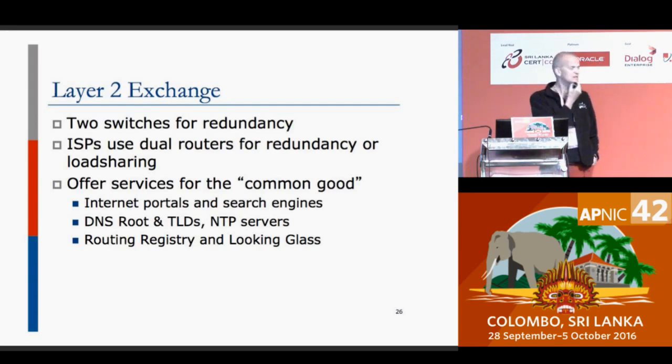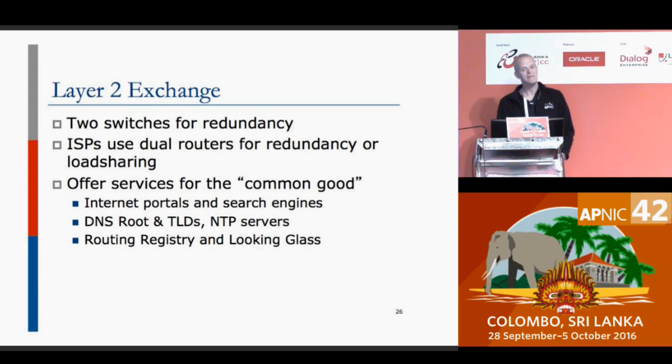And of course, the IX will have services for common good. So the members of the exchange point agree on what these services should be. Internet portals, search engines, well, whatever those are. I really need to update these slides. DNS, root servers, the top level domain servers, maybe NTP, very, very common to see maybe a GPS receiver at the exchange point.